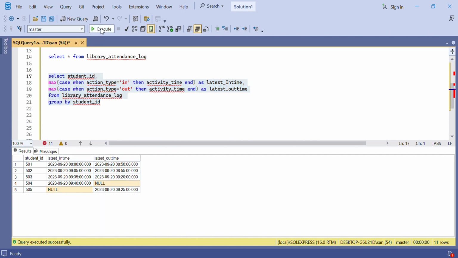So if you run this query, we're going to get the latest in time. So student 501: the latest time he enters the library is 8, and the latest time he left the library is 8:50. Therefore, we're going to use HAVING to filter the students who are in the library. That means the students who have latest in time greater than latest out time.